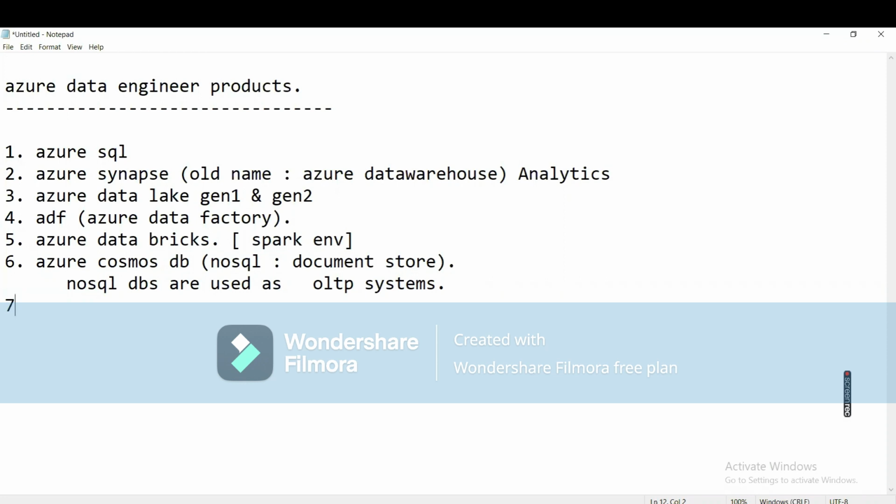And the seventh product we have is Azure Streaming. What is the purpose of Azure Streaming? That means live capturing of streaming data, and performing micro batches. What is the difference between batch and micro batch? Generally, in a batch, the interval will be very high.